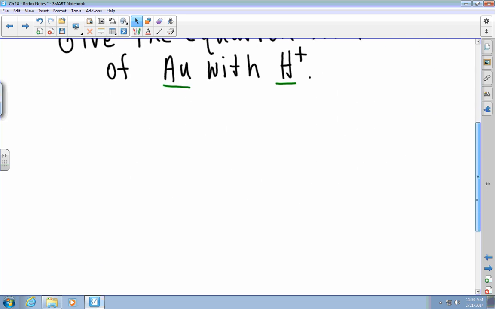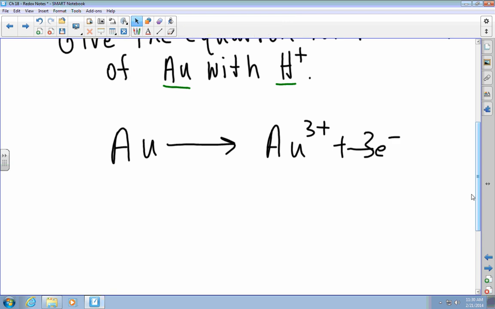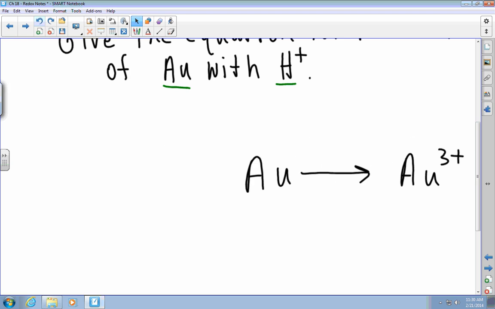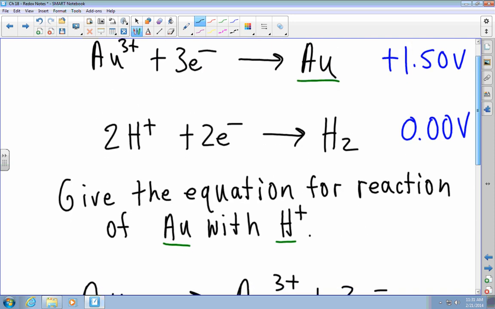So we will have Au going to Au3+ plus 3 electrons. And the second one, we can just write as is.